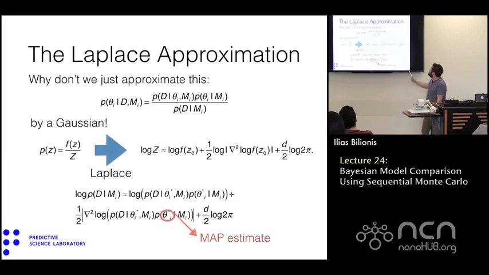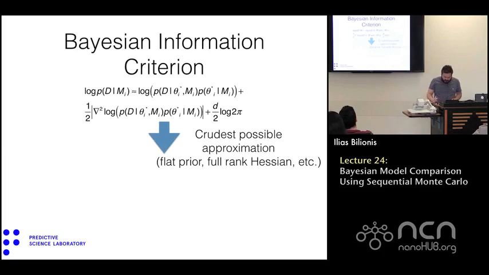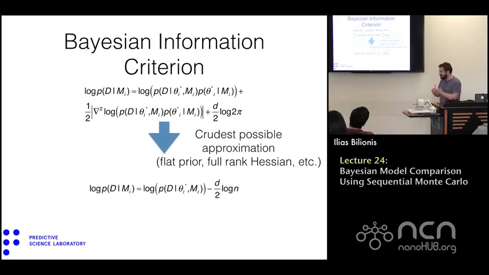Now, if you cannot do the second derivative, there is another approach. You can start from the Laplace approximation and say, I'm going to approximate this without doing the second derivative, which amounts to basically just guessing what it is. But it's a good guess.